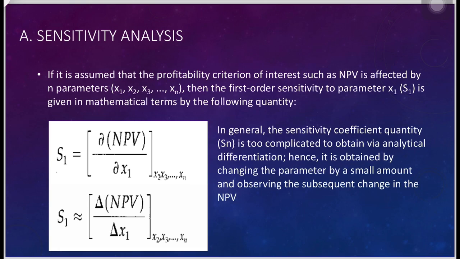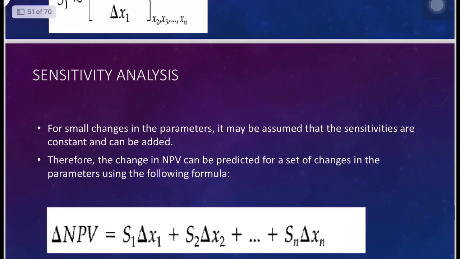In general, the sensitivity coefficient quantity is too complicated to obtain via analytical differentiation. Hence, it is obtained by changing the parameter by a small amount and observing the subsequent change in the NPV. So you are going to change the parameters and then observe the change in the NPV.